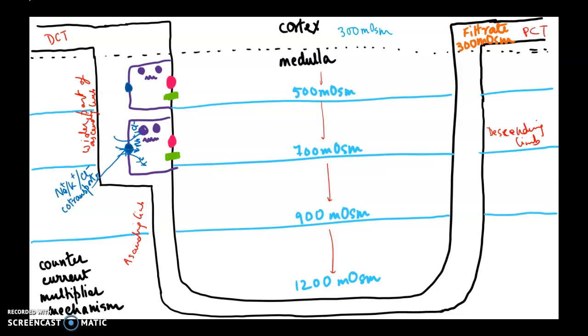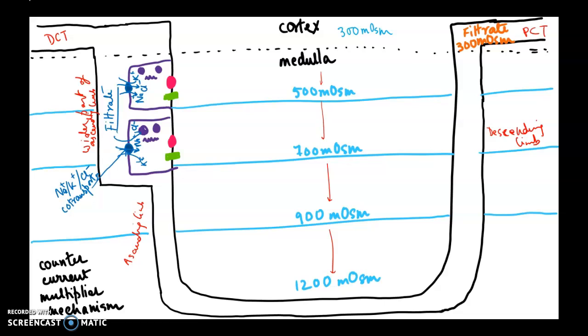What type of fluid do we have in the ascending limb? We have filtrate here, right? So from the filtrate, these cells are taking in sodium, potassium, and chloride. Make sense? Now inside these cells we have sodium, potassium, chloride.